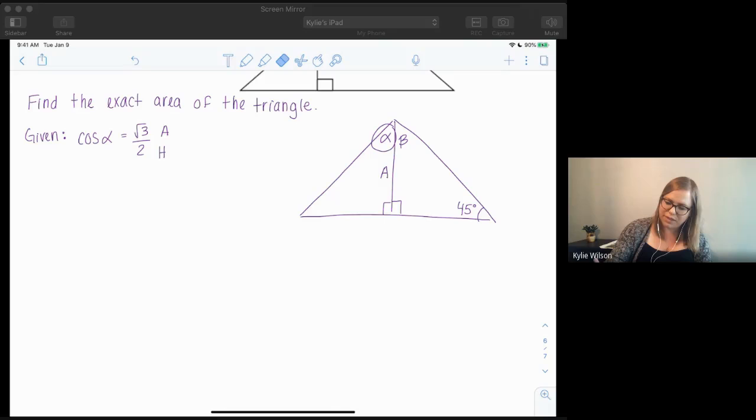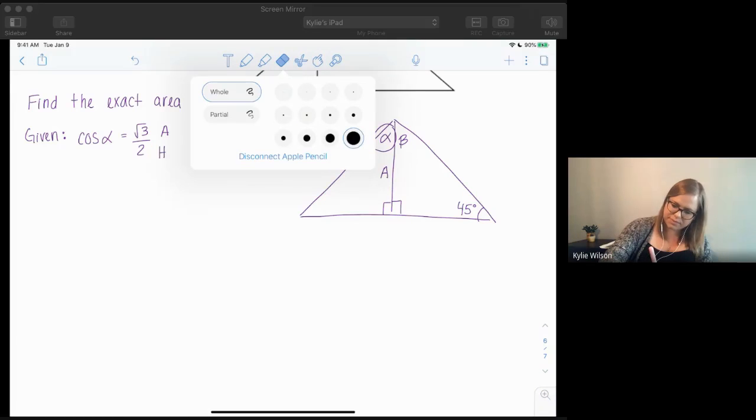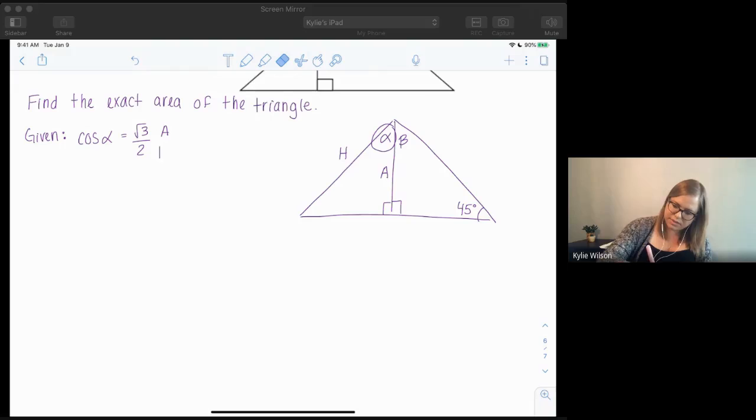So we can fill in those values there. So my adjacent is root 3, and over here must be 2. So that's the first thing that we figured out.